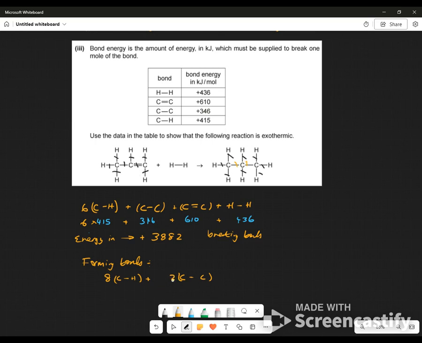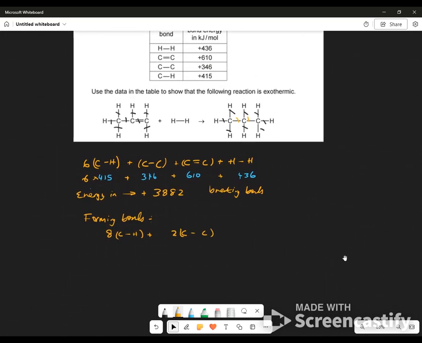So therefore, what do I get out here? All right. So C-H is 415. C-C is 346. But I need 2 of these, and I need 8 of these. So that equals what?